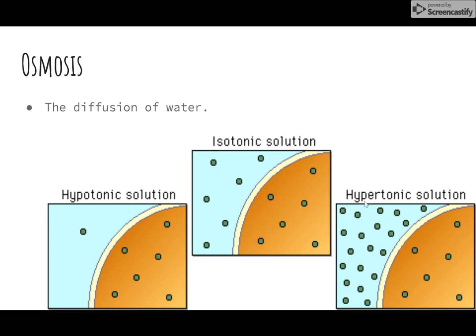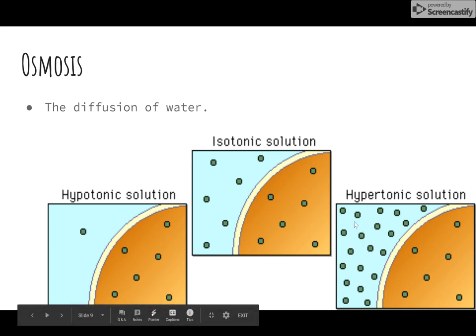Hyper, I think of as somebody being really active, having a lot of energy. If you look at this solution outside the cell, there's a ton of stuff going on out here. There's lots of solute out here. Inside the cell, we have relatively few solute particles.